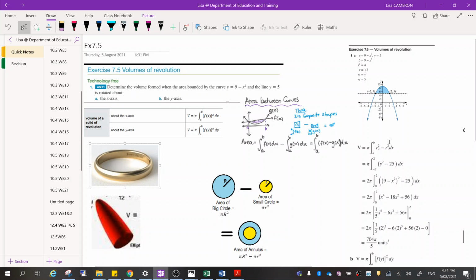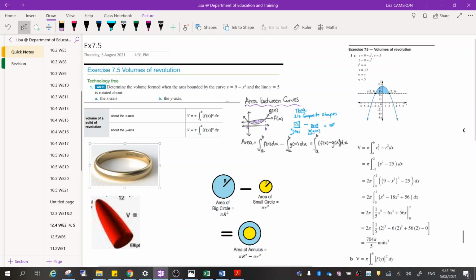So to calculate that, all we've done is we've put those functions that we were given originally, y equals this and y equals that, into our area between curves. For our area between curves, it's the top function minus the lower one. So this one here, between a and b, f(x) is the top function, so f(x) goes first.